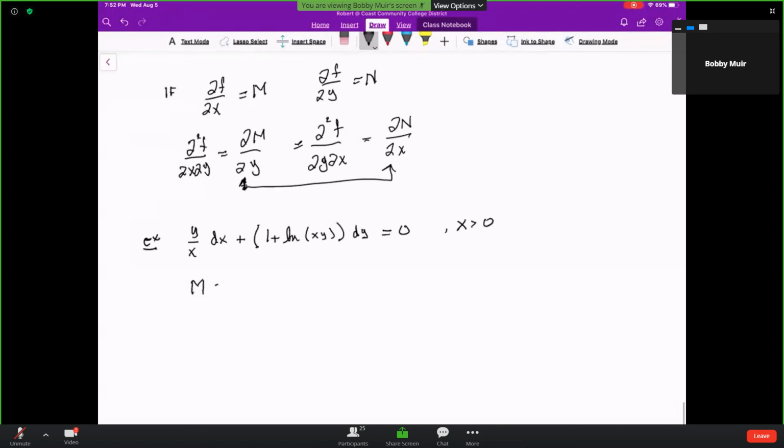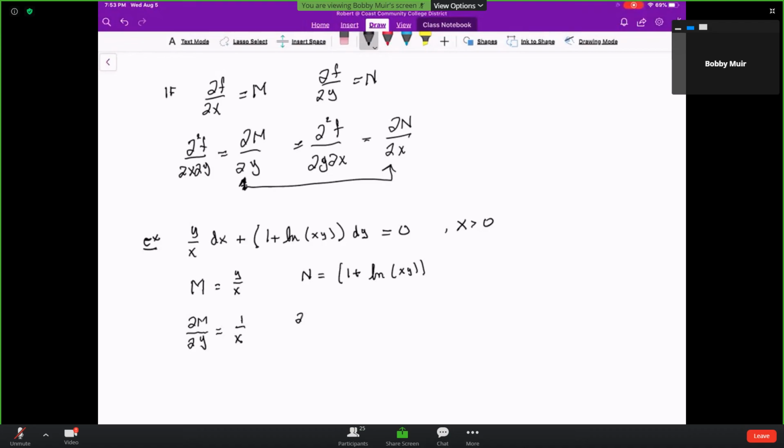But anyway, so the M is this y over x. And the N is this 1 plus the natural log of xy. Okay, so we want to look at the partial derivative of M with respect to y, and what we see is it's 1 over x.